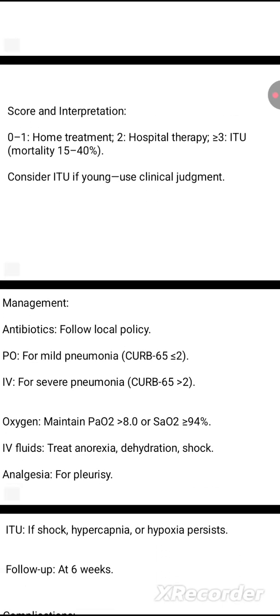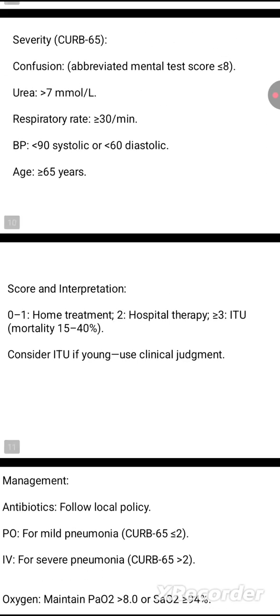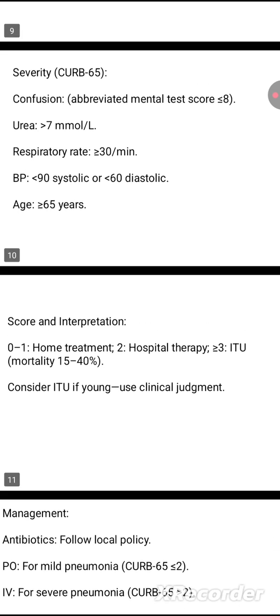The score and interpretation: 0 to 1, home treatment. It could be home treatment if you score 0 to 1, or your CURB-65. If the score is 2, you can be admitted into hospital, but if it is greater than 3, then you have to admit into the intensive care unit.